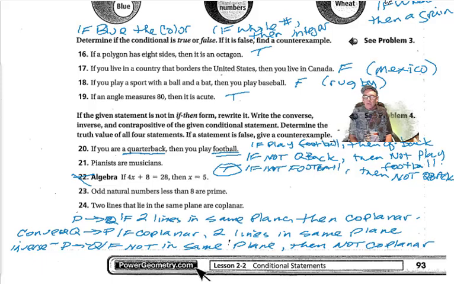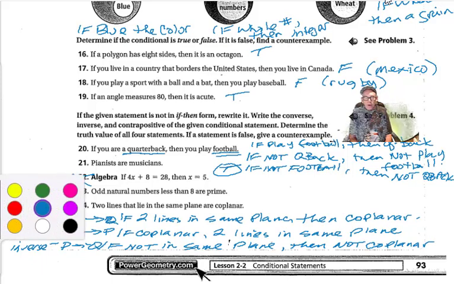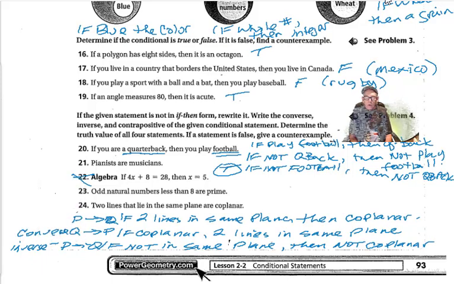And then the last one they want us to write is the contrapositive. So we have the Q up front with a not and the P with a not. So if not coplanar, then not in the same plane. That would be the contrapositive. So those would be the forms for that.